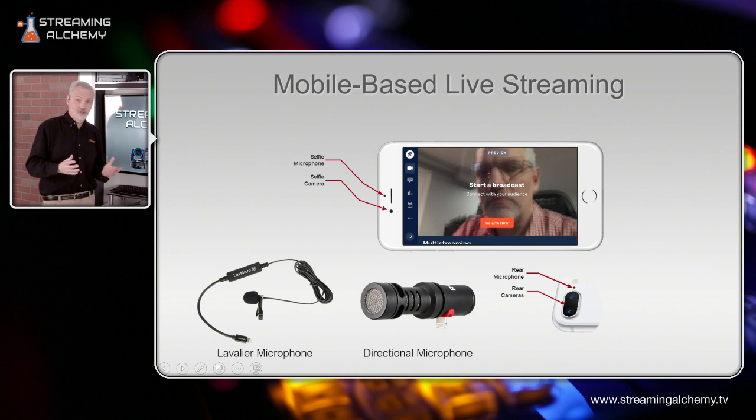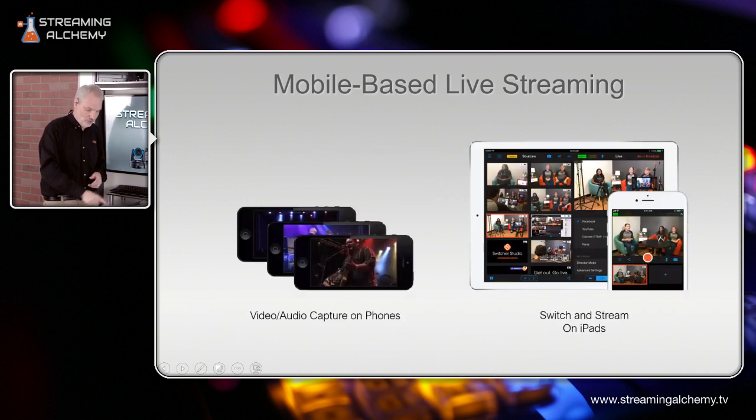But if you wanted to do something that was even more complex in the mobile space, there are things like Switcher Studio, for example, which hooks up a group of cell phones into an iPad or tablet that you can control them from. So you can position multiple cell phones around the location and then take a video stream from each of those phones into your iPad and use that to stream out to your end destination.